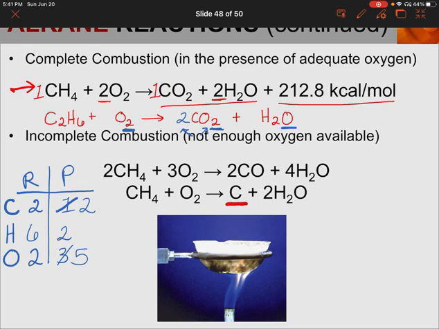So now let's balance our hydrogens. We have 6 hydrogens on the left, 2 on the right. So I'm going to put a 3 in front of H2O because that will give us a total of 6 hydrogens on both sides. Now again, that's also changing the number of oxygens.